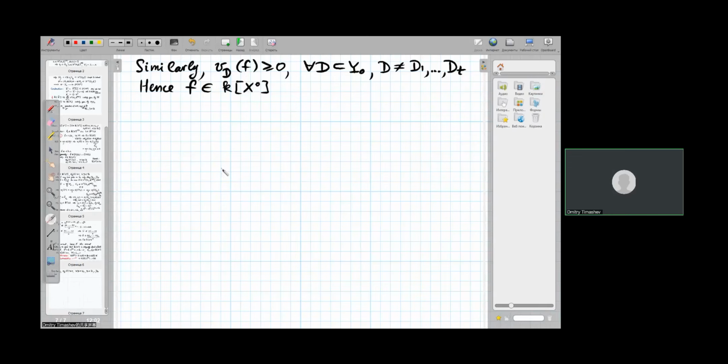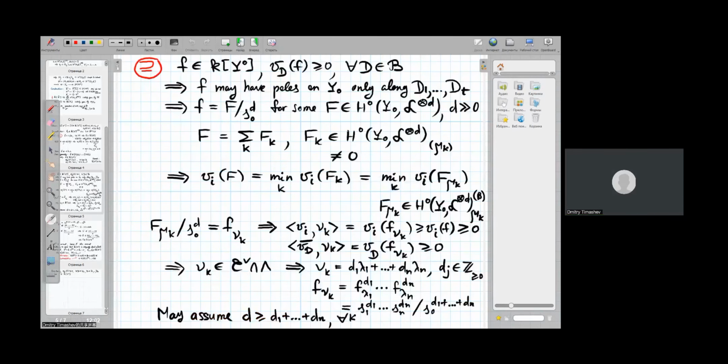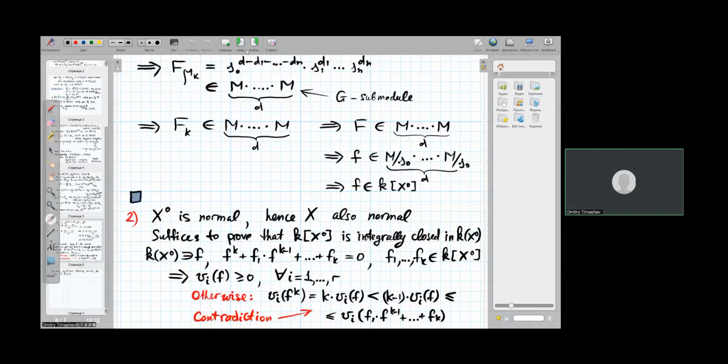Well, how can we conclude that f is regular on Y upper node? Because all these f1, fk are regular on Y upper node, right?